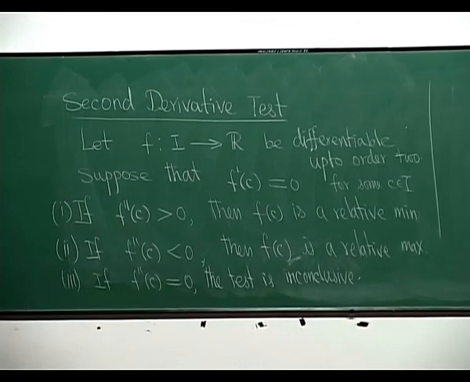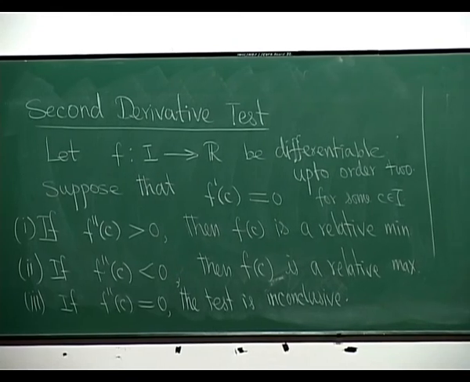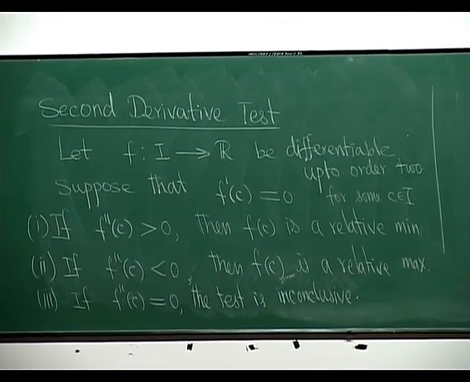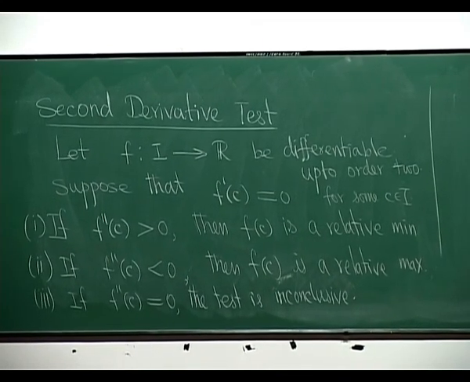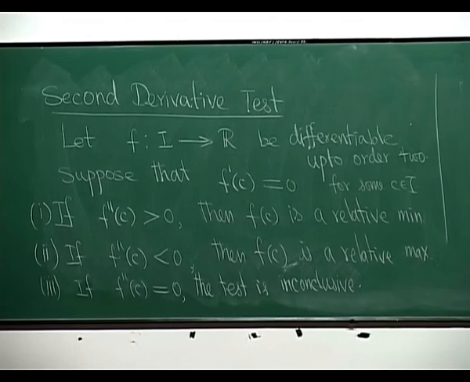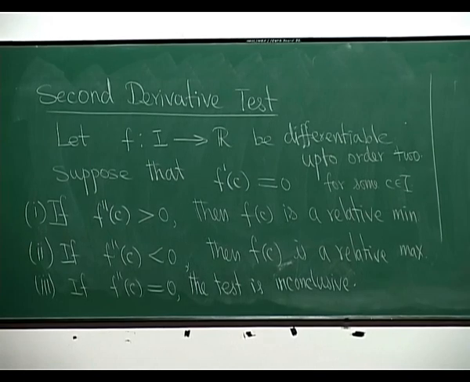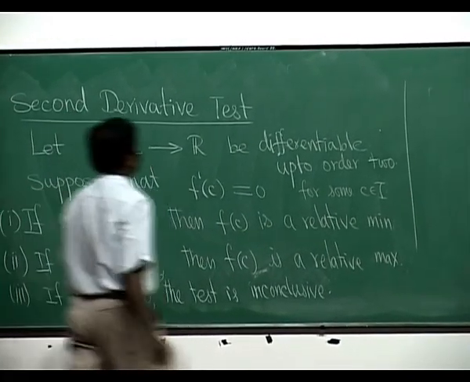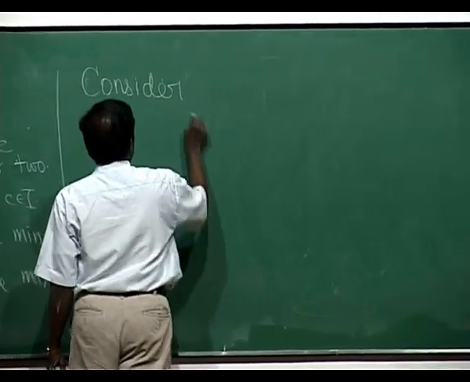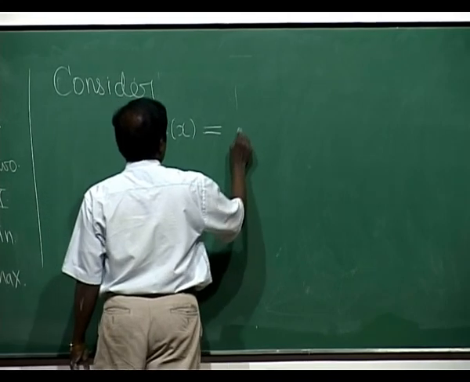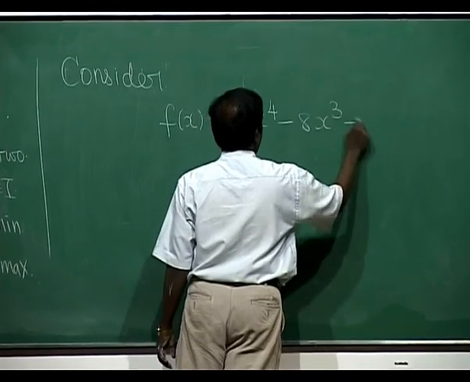Now let us do a couple of problems. Let's consider f(x) = x^4 - 8x^3 + 5.